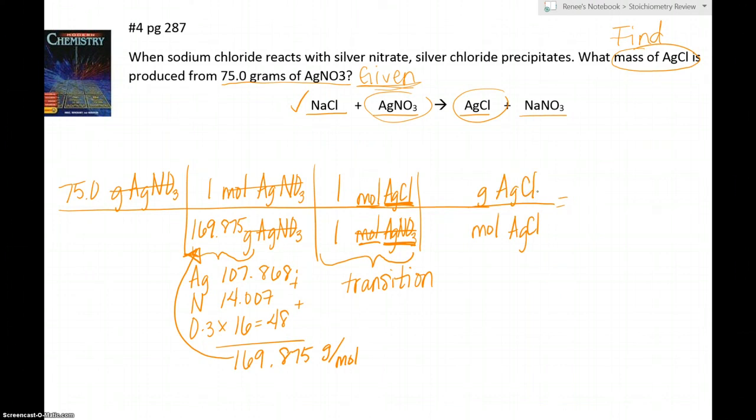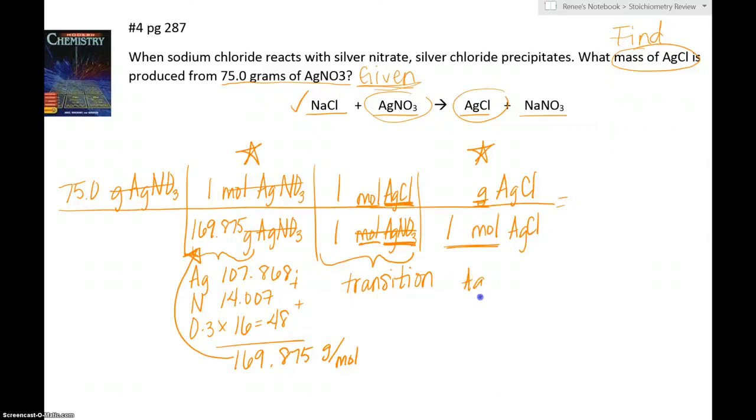And just like this step over here, this step's very similar, just grams are on top over here versus on bottom over here. So always 1 mole, whenever you're using grams, it's always 1 mole of that same compound. But we use the molecular weight.